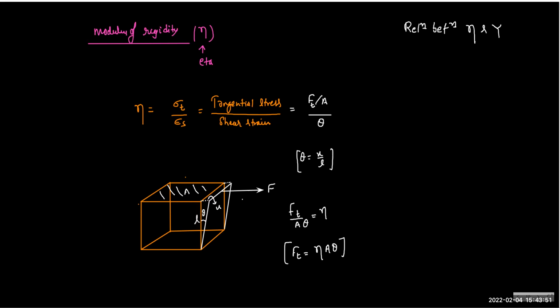It is also there. I will not give the proof. So the eta we write as Young's modulus divided by 2 times (1 plus mu). So something like this.